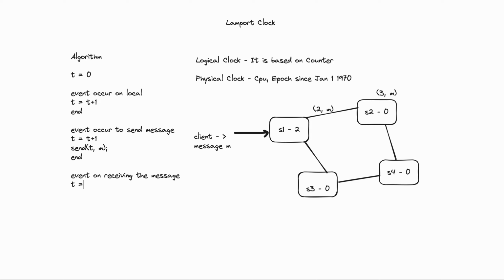How? It takes the max of the received clock, say T1, and the current clock, and adds 1 to get the current timestamp.